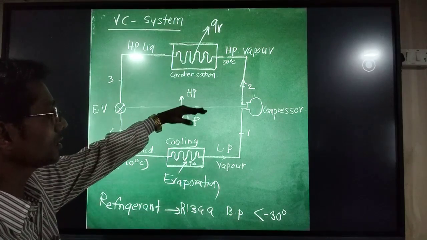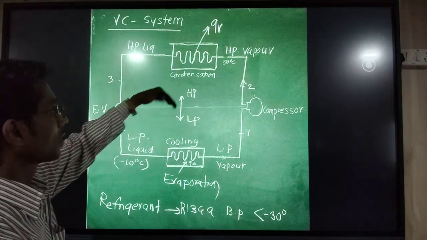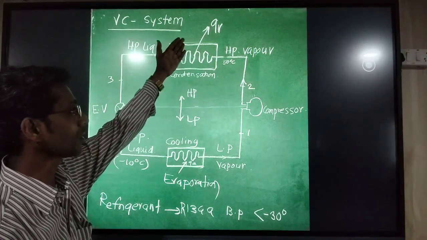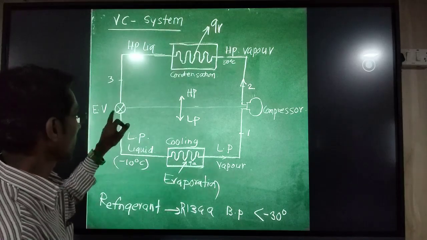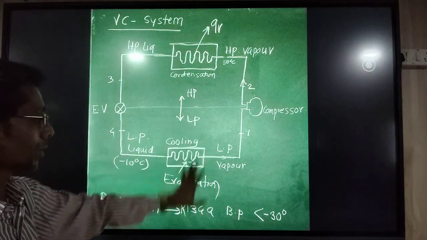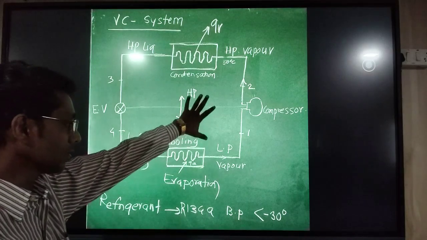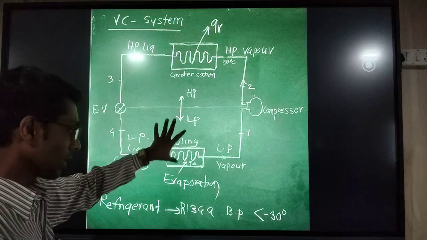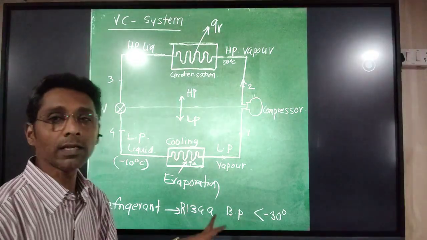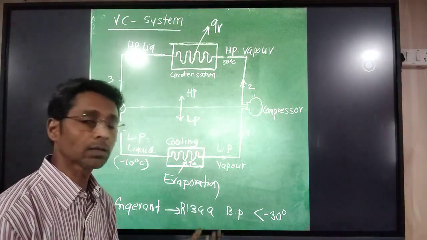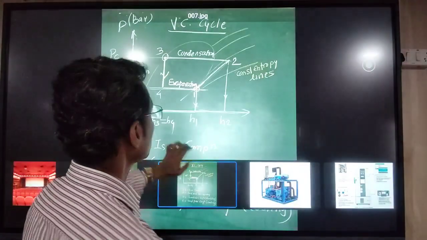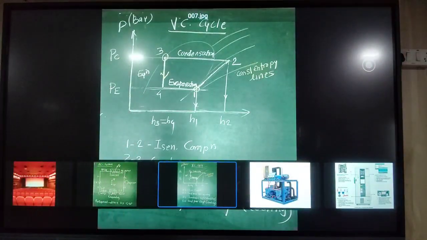This system is divided into 2 parts: from the compressor to the condenser, this part comes under the high pressure zone, and the expansion valve and evaporator come under the low pressure zone. Especially in this system, the refrigerant used is R134A, called tetrafluoroethane. Its boiling point is about minus 30 degrees Celsius.